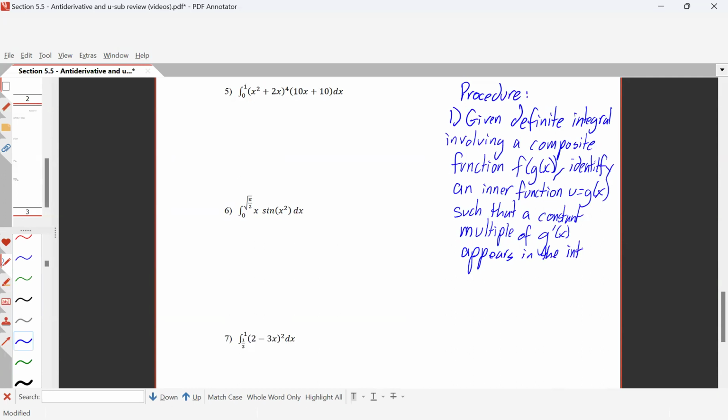So we see both the function and its derivative.